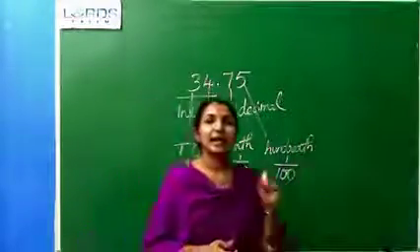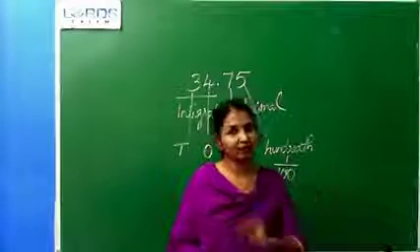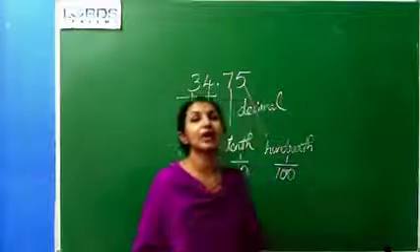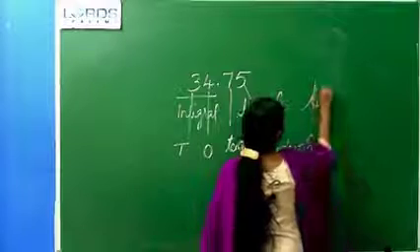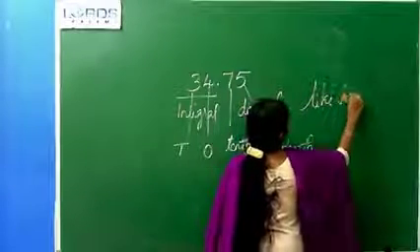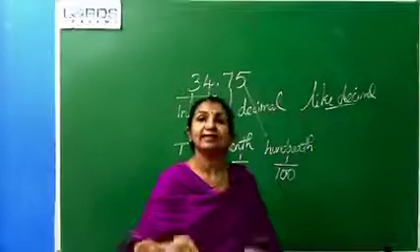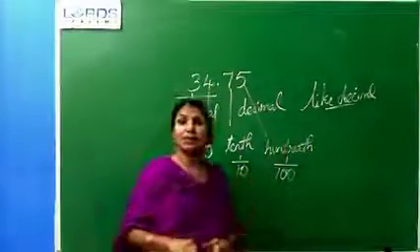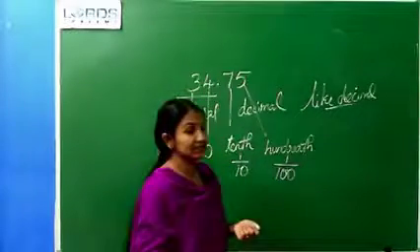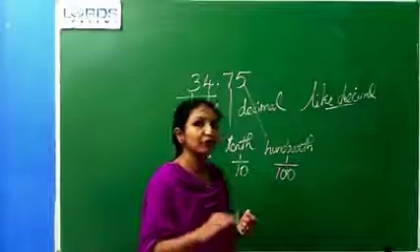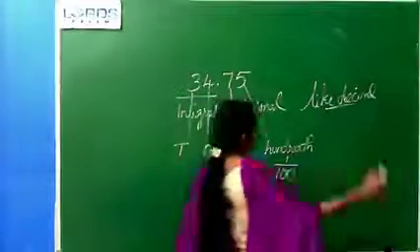Next one is like decimal numbers. We studied like fractions and unlike fractions. In the same way, there are like decimal numbers. What is meant by like decimal numbers? If numbers have the same number of decimal places, they are called like decimal numbers.